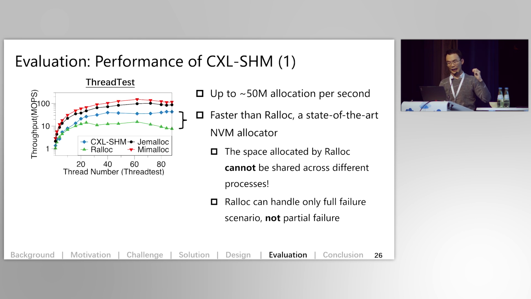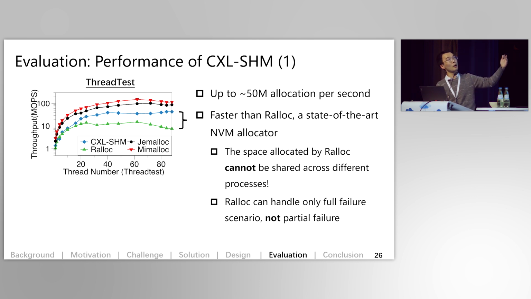and we need to handle and tolerate partial failure problems. At first, we evaluate the memory allocation throughput of CXL shared memory, because basically it is just a memory allocator. As you can see here, CXL shared memory can deliver more than 50 million allocations per second, which is more than capable for many distributed applications.